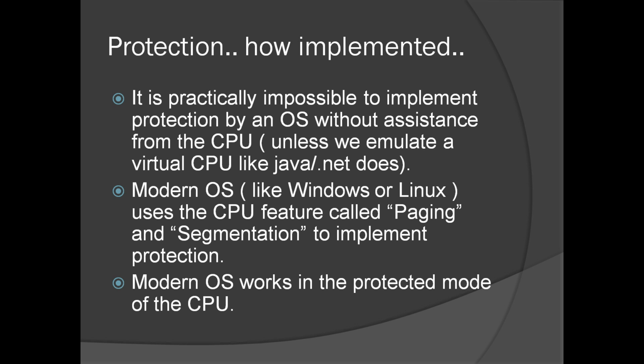Modern operating systems like Windows or Linux use CPU features called paging and segmentation to implement protection. Modern operating systems always work in the protected mode of the CPU. So they have something called privileged mode, and they have something called user mode, which is the non-privileged mode where the normal application runs.